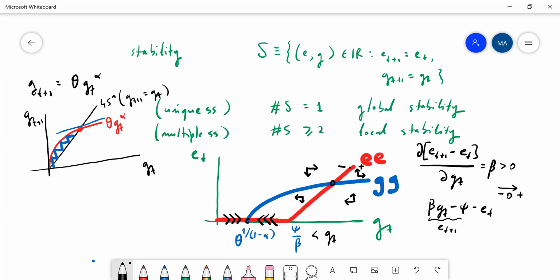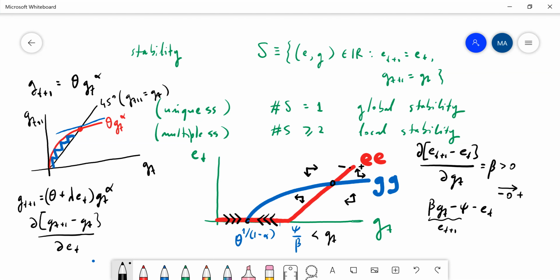Okay. Then I want to look at the GG curve. So GG curve is like this now. So G(t+1) is equal to theta lambda E(t) G(t) alpha. Okay. So I want to look at the derivative of this when, for instance, E(t) changes.